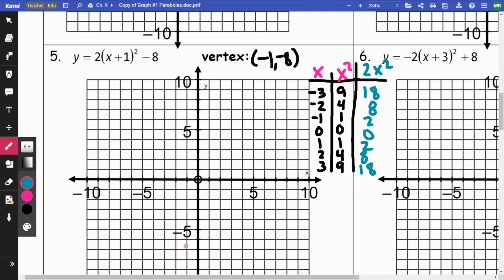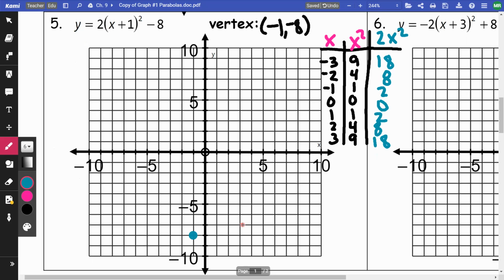So 5, 6, 7, 8. And then I'm thinking about going out 1 and 2 and 3. And when I go out 1 from my vertex, 1 squared is 1, but my stretch is 2. So that means I'm going to double it like all of these were doubled. So if I go out 1, 1 squared is 1, double that, I'm going to go up 2.